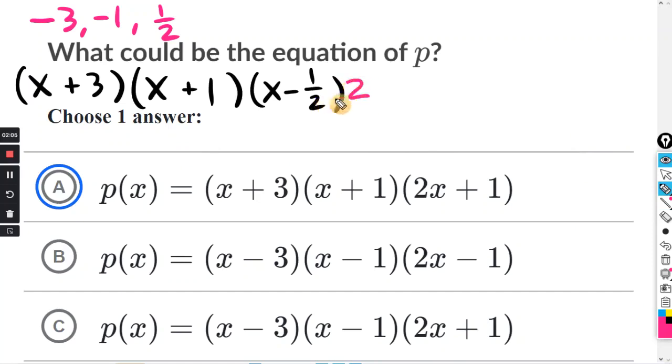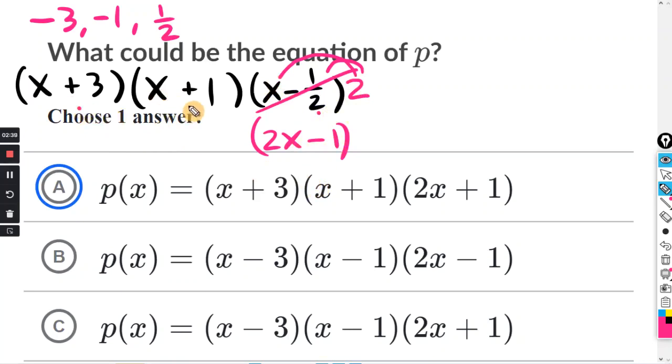If you take a 2 and distribute it, you get 2 times x, and then 2 times -1/2 is just -1. So instead of this right here, we're going to use this binomial. Okay, it works out to be the same because if you set this equal to 0, you will still get 1/2. So when you get a fraction, multiply that binomial by the denominator and distribute it and make a new binomial.